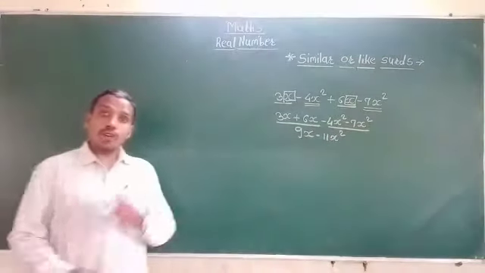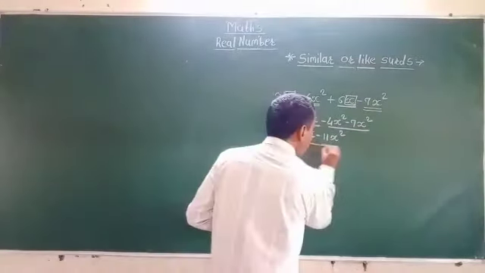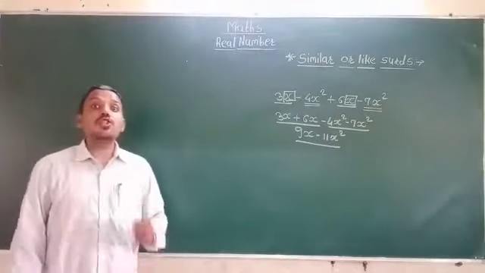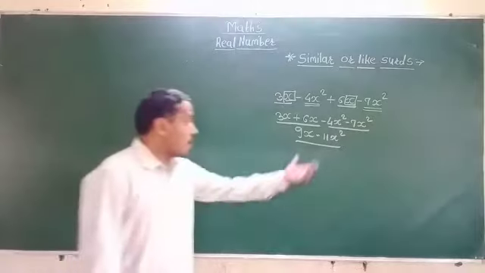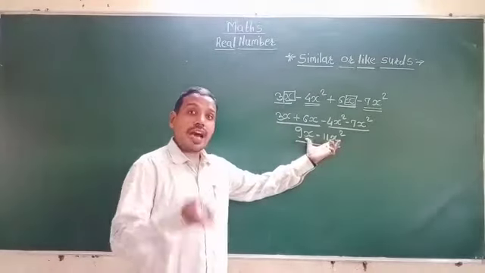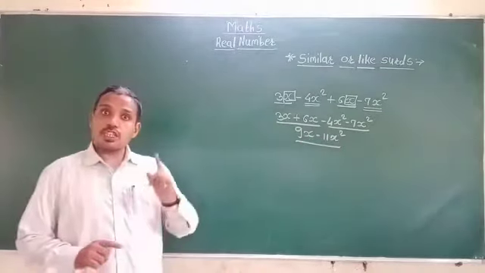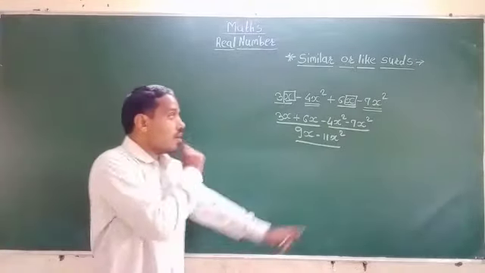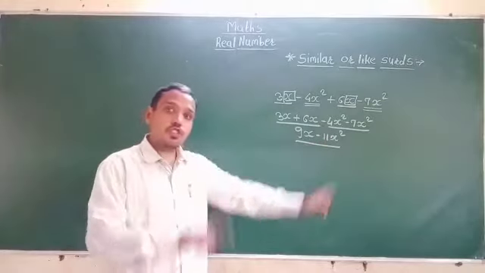Then, can addition or subtraction take place between 3x and 4x square? We say no. Why? Because the variable x is the same, but that is not enough. The order of the variable is also important.